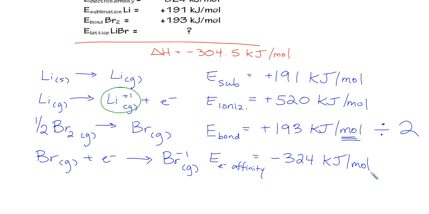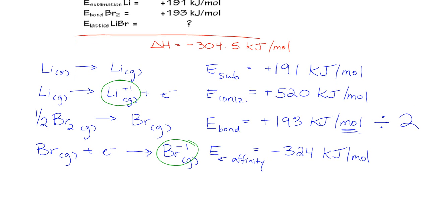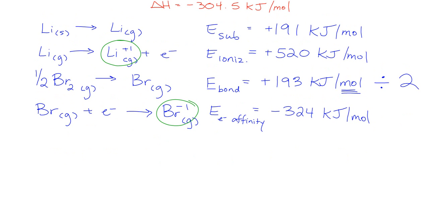All right, we got what we need, right? We got the lithium ion in the gas phase. We got the bromine ion in the gas phase. We're ready to wrap this thing up. Lattice energy is the energy released when I form this compound. Let's do it.